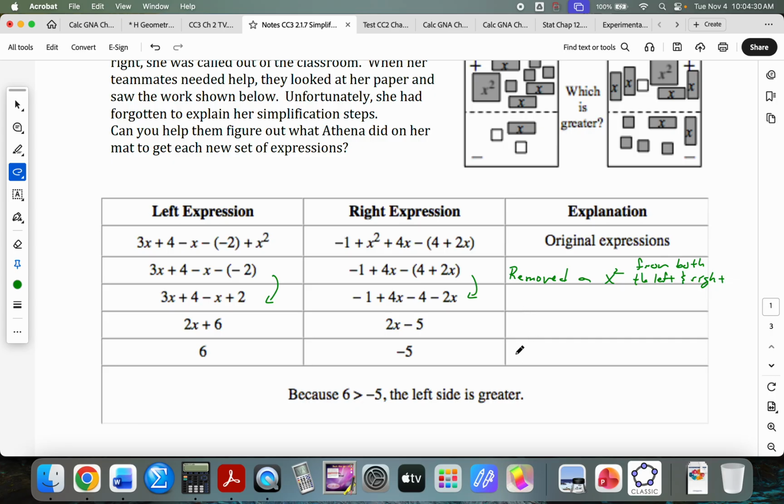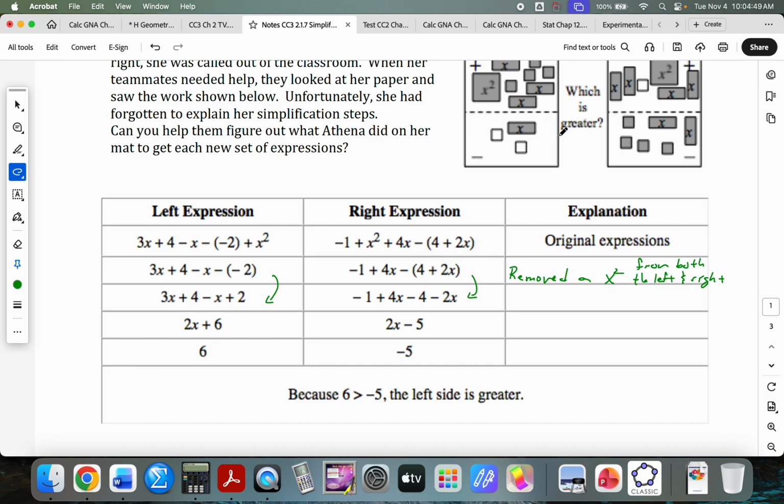Okay, so they've rewritten the subtraction as adding the opposite, right? If you're subtracting a negative 2, that's the same thing as plus 2. And here you're subtracting 4 and subtracting the 2x.